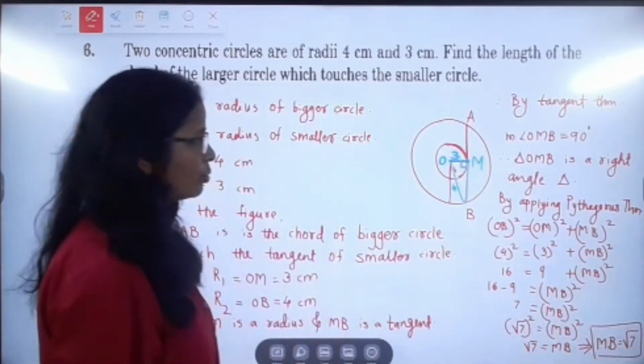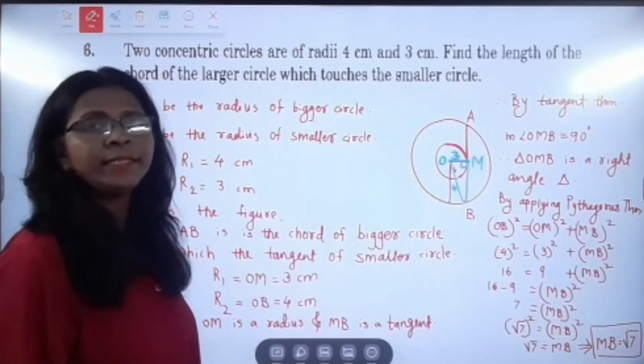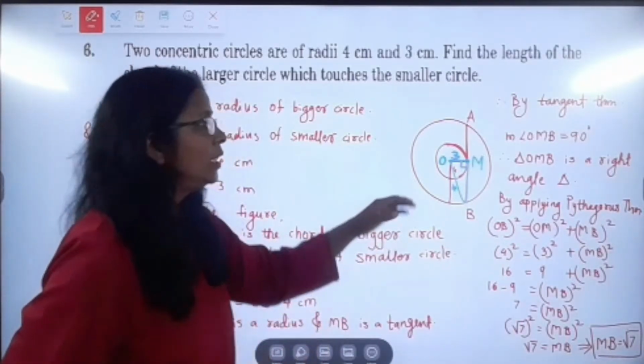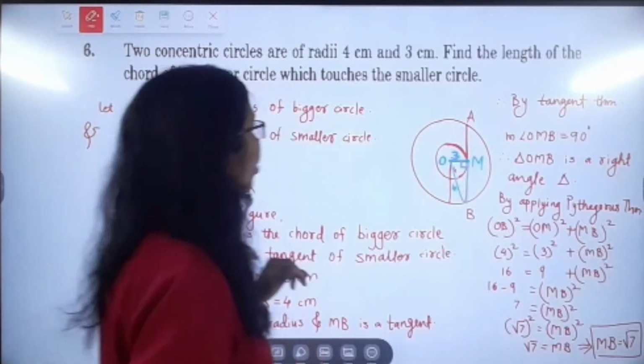Now we do not need only MB. The final answer will be the chord AB.